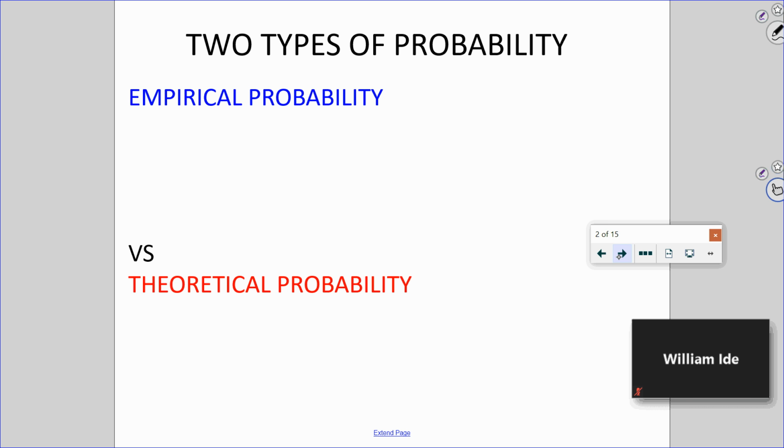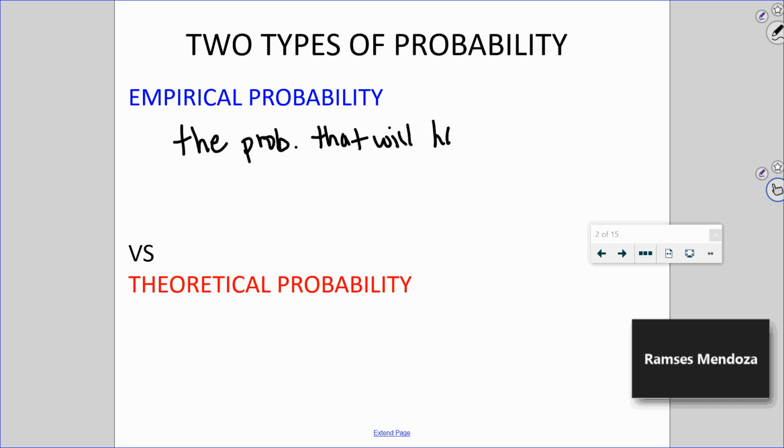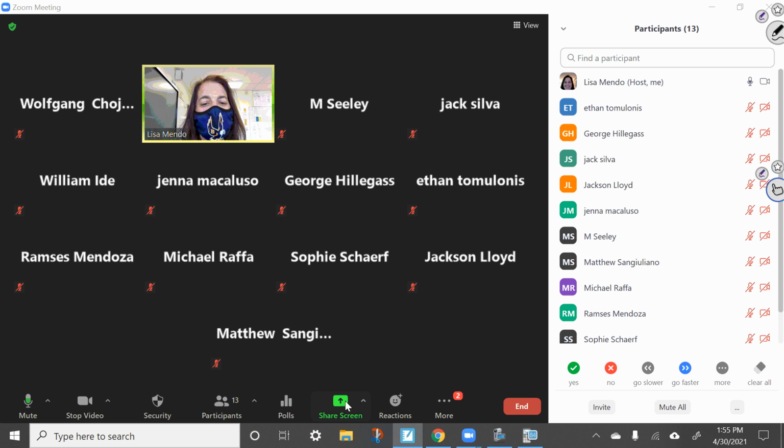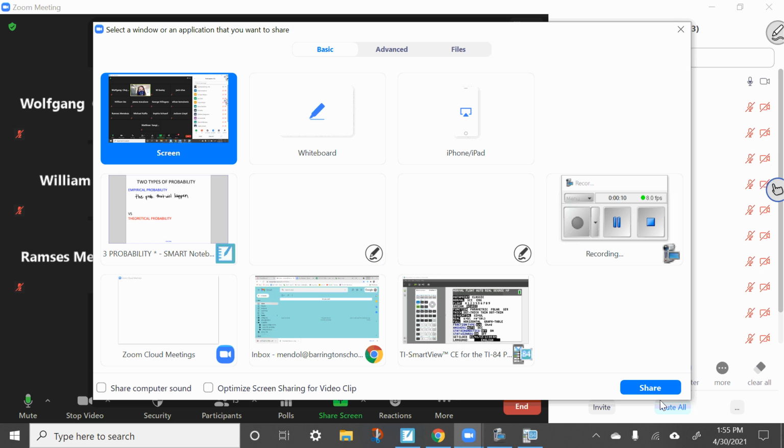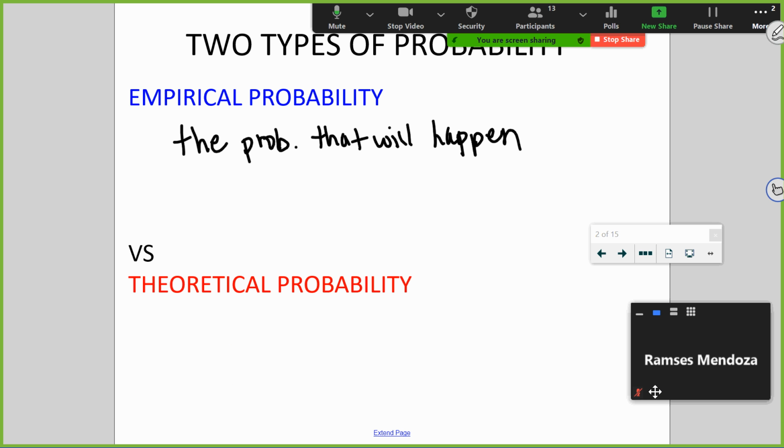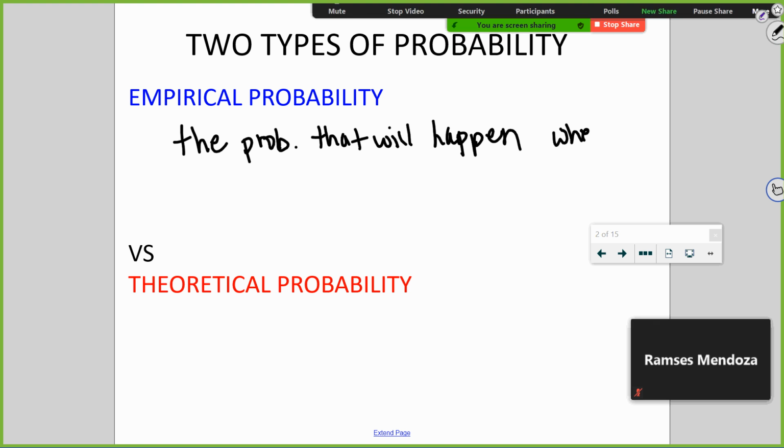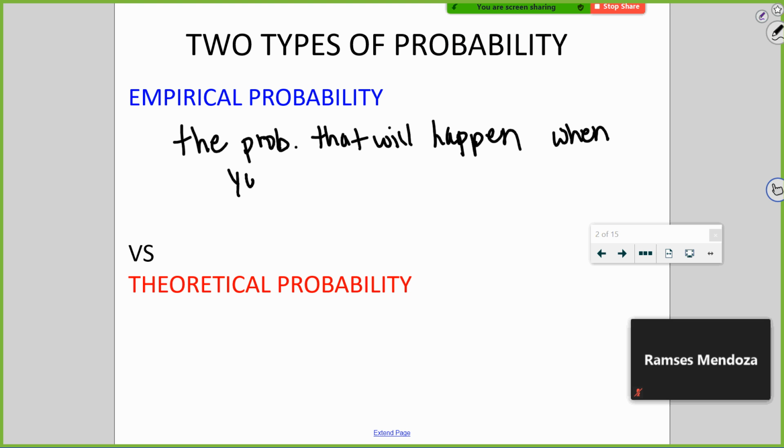Empirical probability is the probability that will happen when you actually perform the experiment, okay? So the probability that will happen when you perform an experiment.